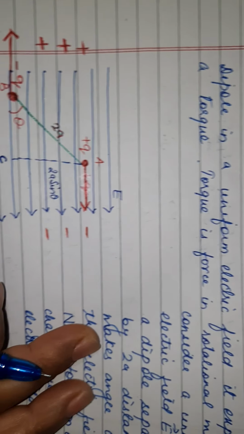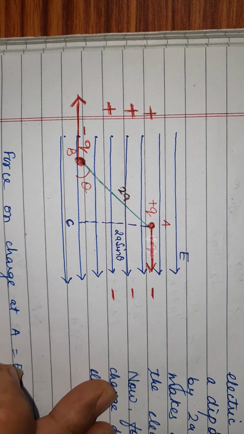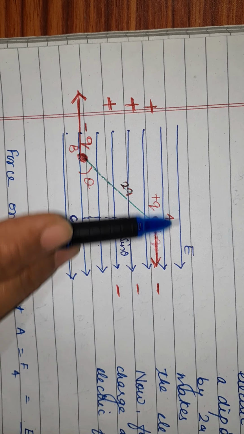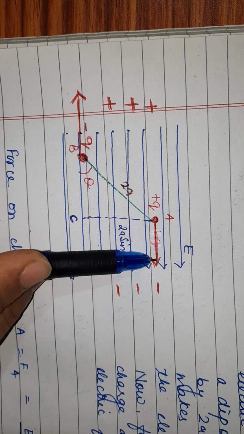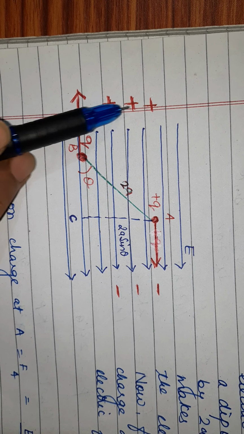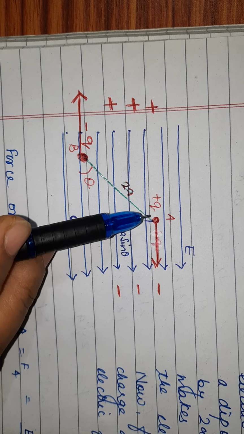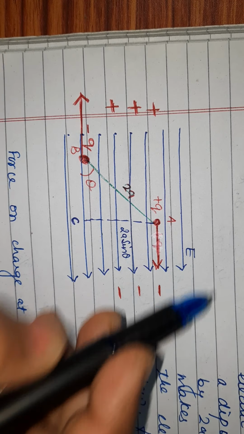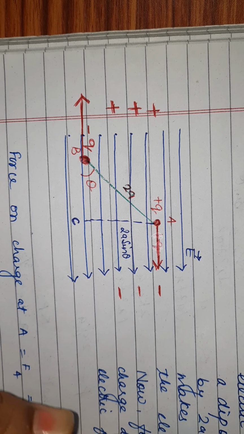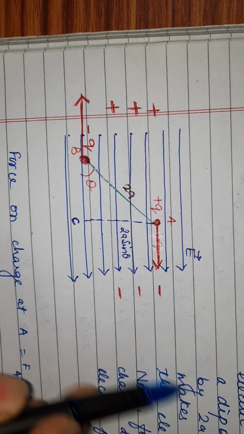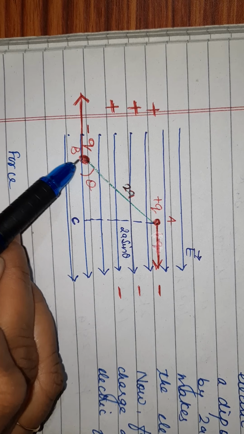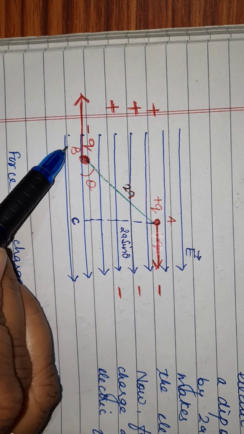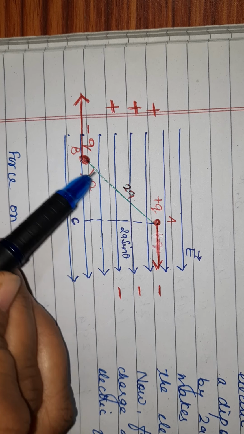So here you can see in this diagram. Consider a uniform electric field. These blue lines show the uniform electric field from positive to negative, denoted by E. Okay, and a dipole separated by 2a distance. So this is a dipole with positive charge at A and negative charge at B. They are separated by a distance 2a.